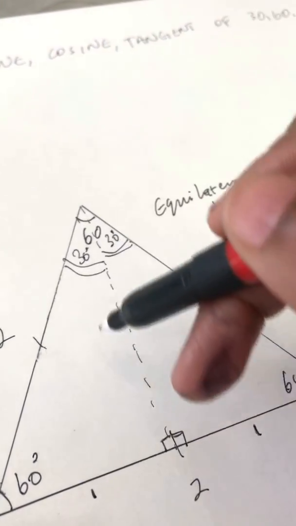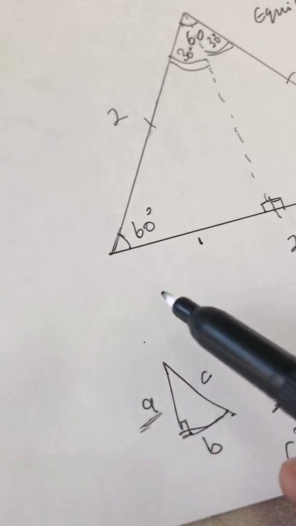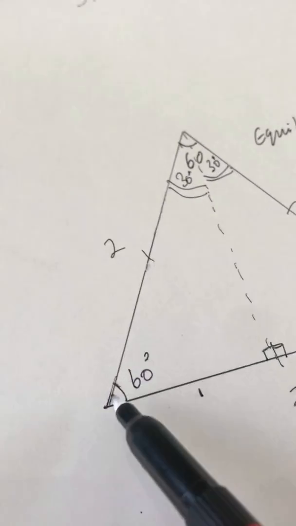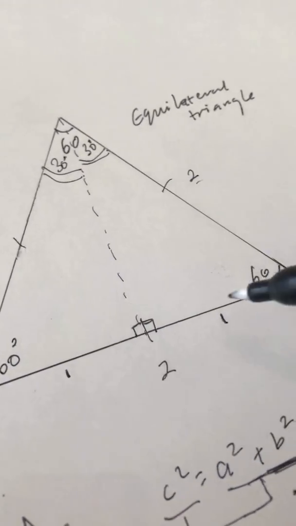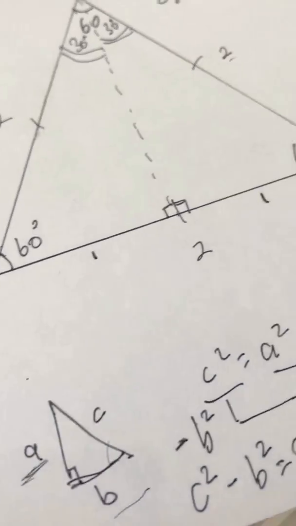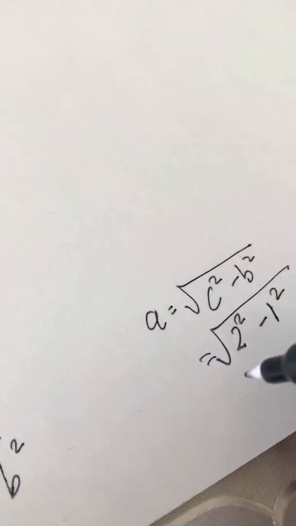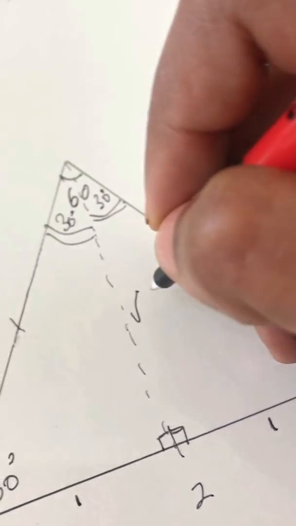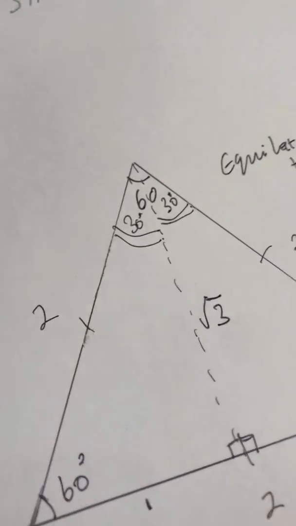So this is our triangle basically. And so our base would be 1 in this case, even though the whole part is 2, from here until here, it's 1. So it's the square root of the whole thing, 4 minus 1, 3, square root of 3. So our height is square root of 3.